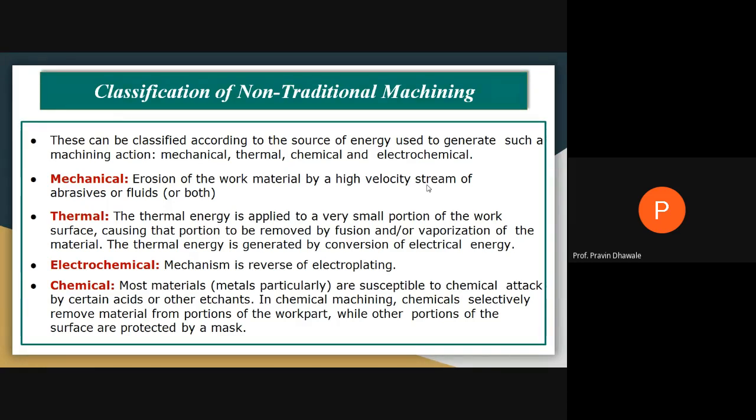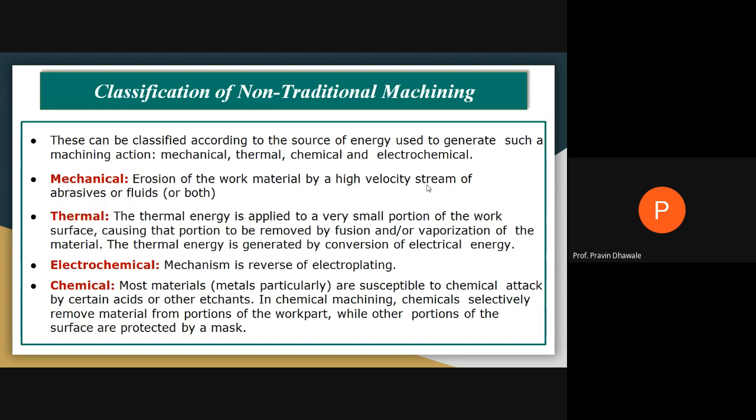In short, such machining processes are called non-conventional machining processes based on mechanical energy.